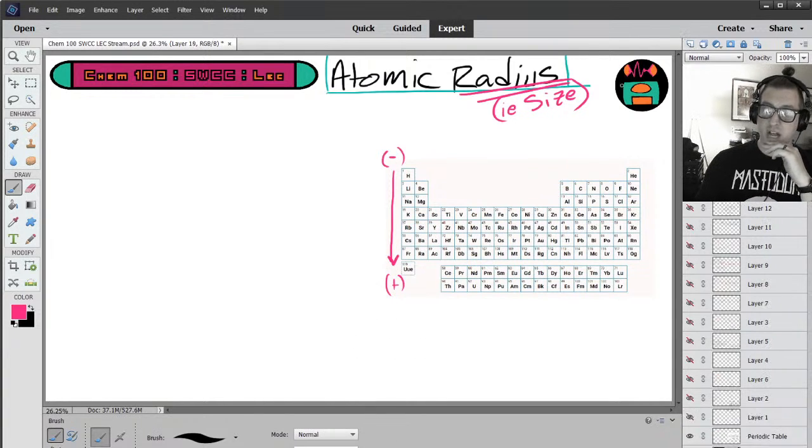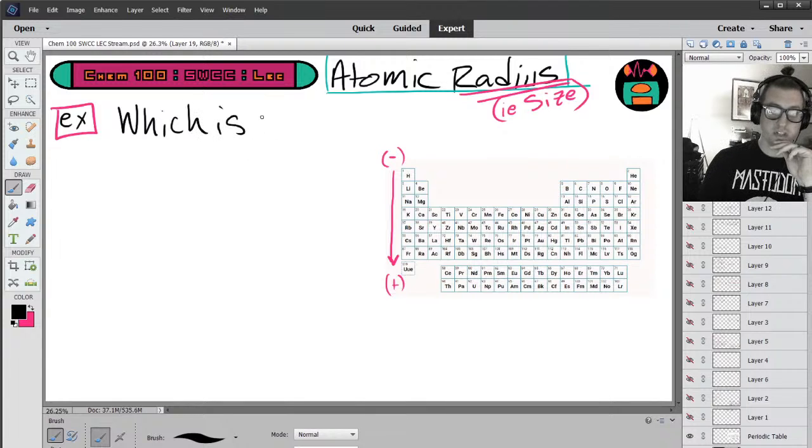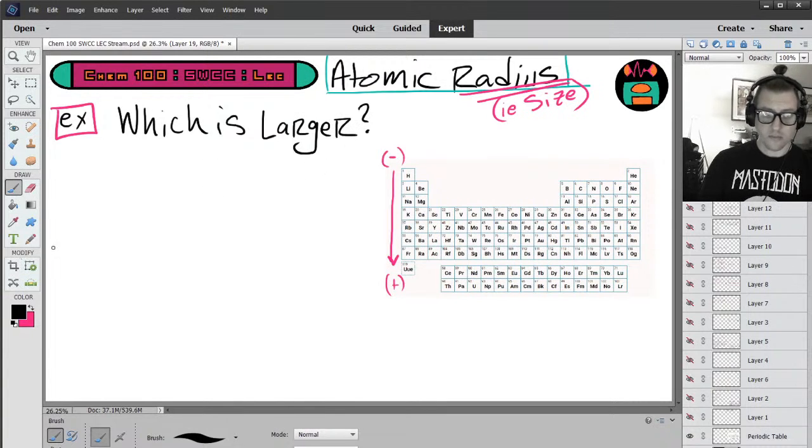So if I were to ask you, which is larger? And I give you two atoms, let's say nickel versus mercury.